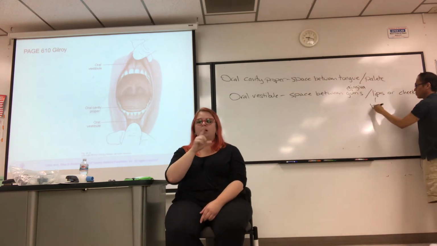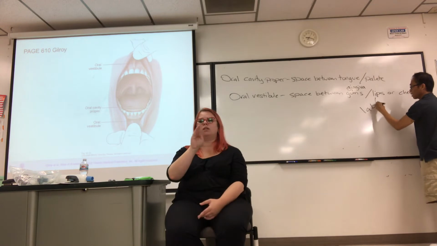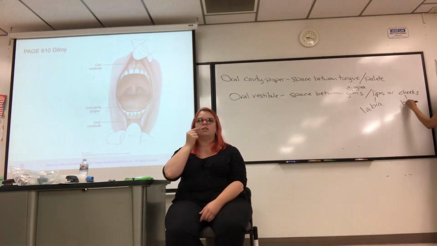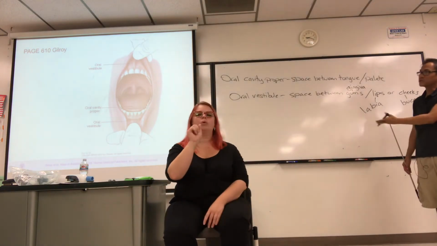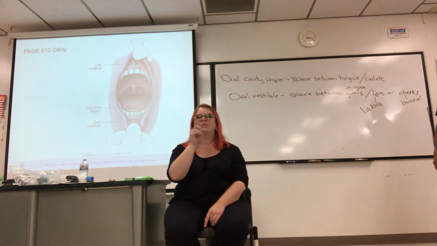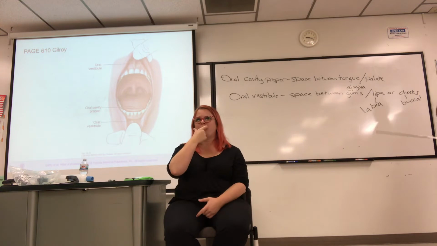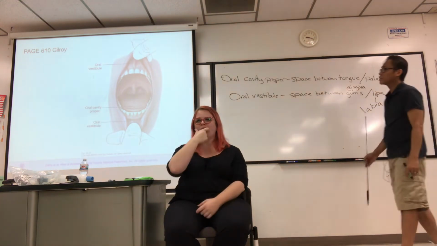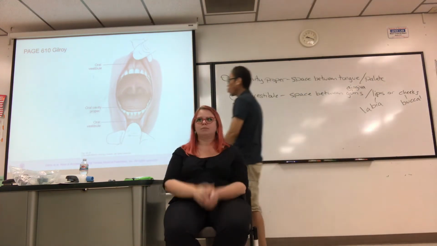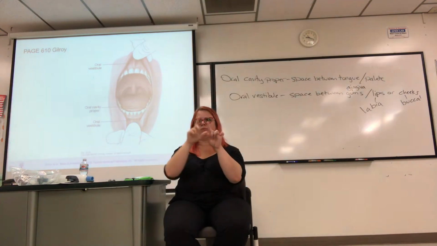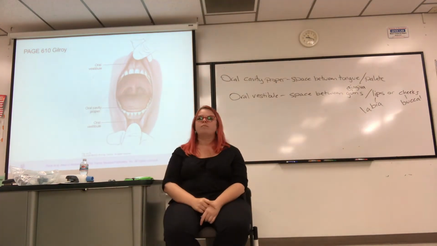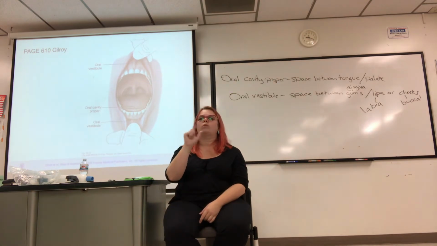Lips, labia, and cheeks is buccal, wherever we use those words. This is the space where you put a mouthpiece to protect your teeth when you play sports. It has a horseshoe shape. Okay, so just know the oral cavity proper and the oral vestibule.